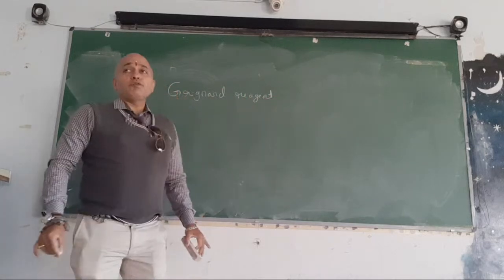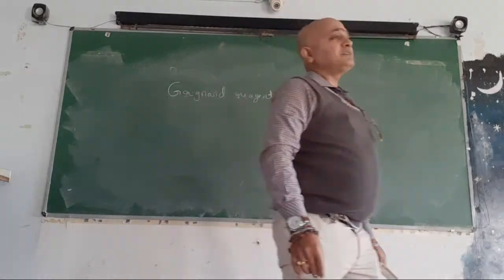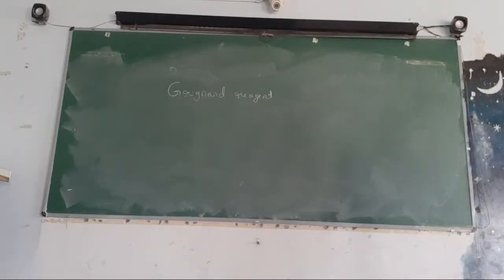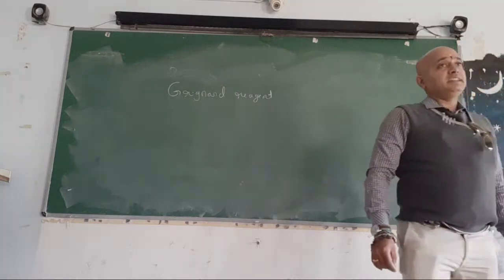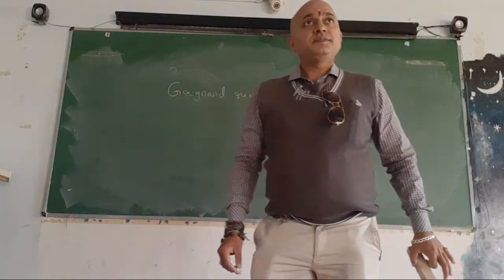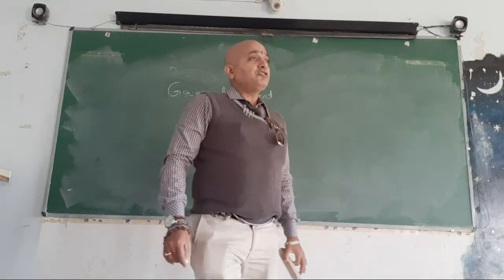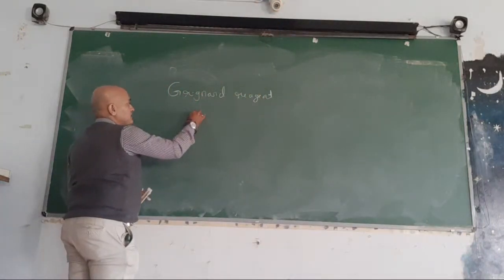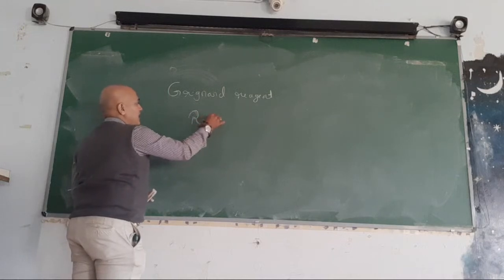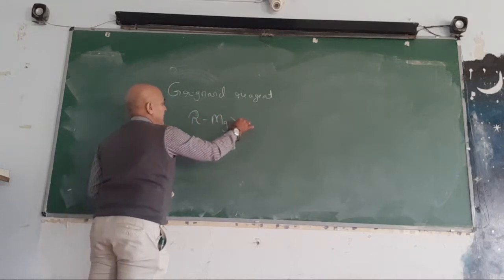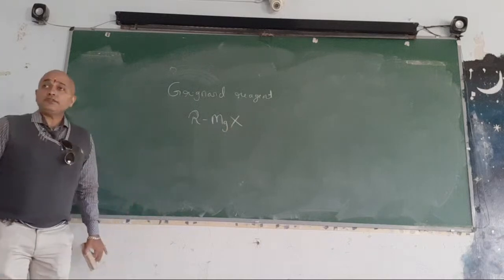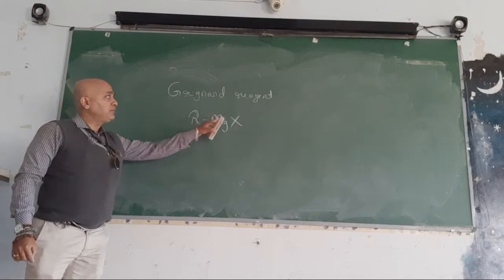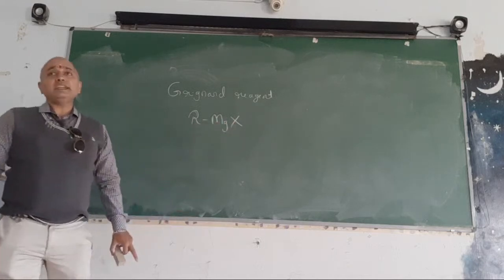One mark question they have asked many times: write the general formula for Grignard reagent. What are you going to write? Very good. That's RMgX, where all of us know that this will be a covalent bond and this will be an ionic interaction.